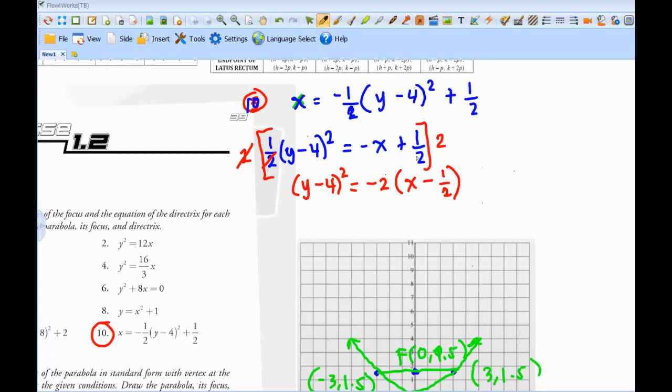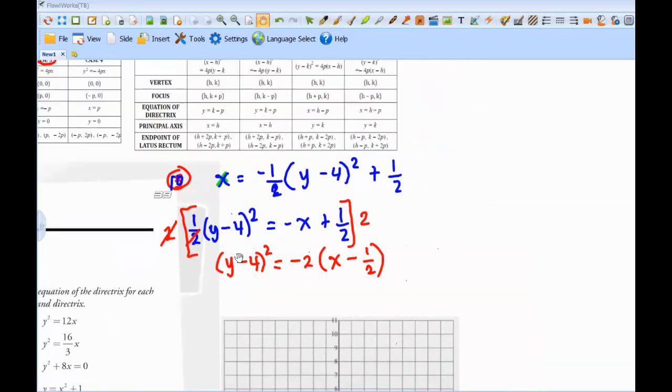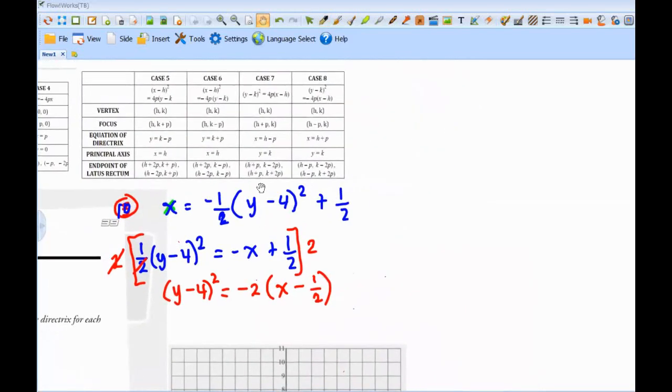Okay? And now let us go to our cases. Since the y has a power of 2, and this is negative, we are on case 8. Since we are on case 8, this is our formula: (y minus k) squared is equal to negative 4p (x minus h).